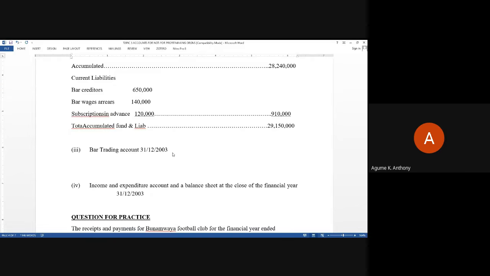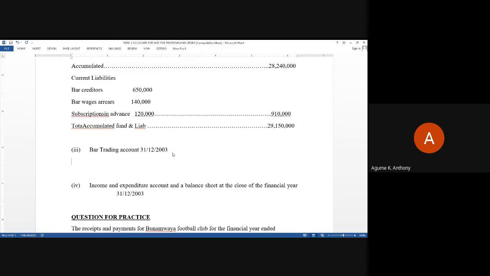For example, you may have Rotary clubs. Much as they don't make profit, they are not-for-profit, you find that there are activities or investments which have been put in place to generate income, because you need income from your own sources to finance or facilitate your activities.